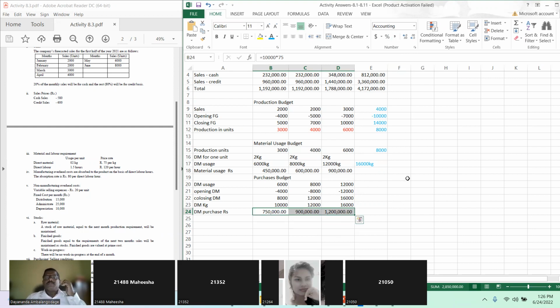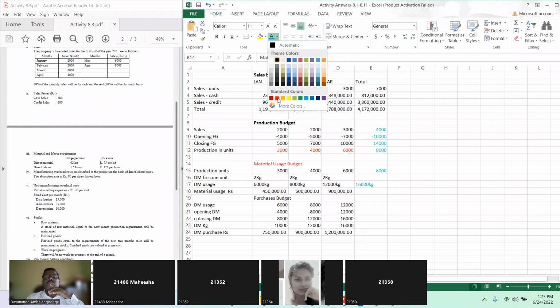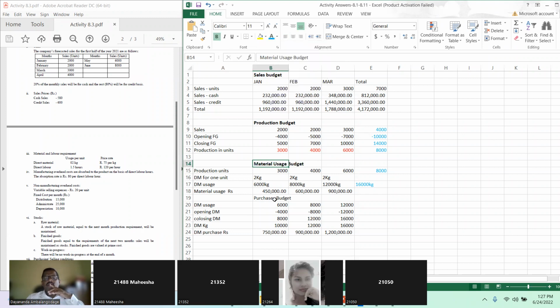Now, remember, we have prepared 4 budgets here. We have prepared the sales budget. We have prepared the production budget. We have prepared the material usage budget, and we have prepared the purchase budget.